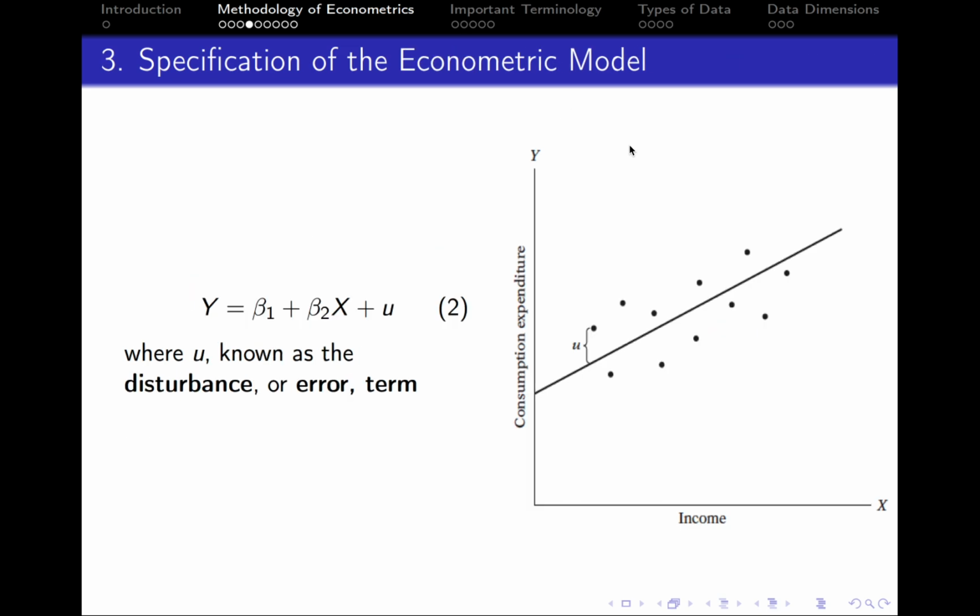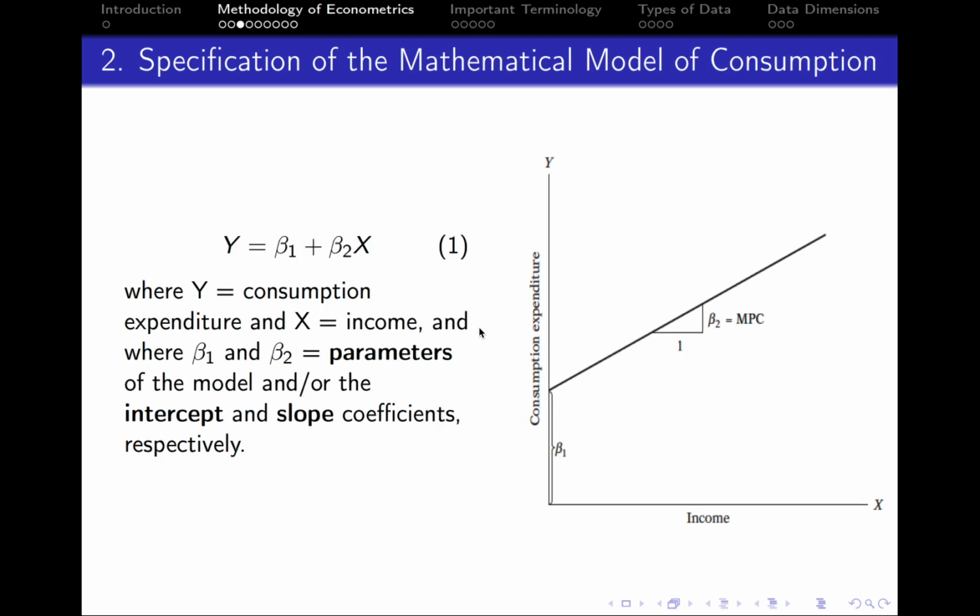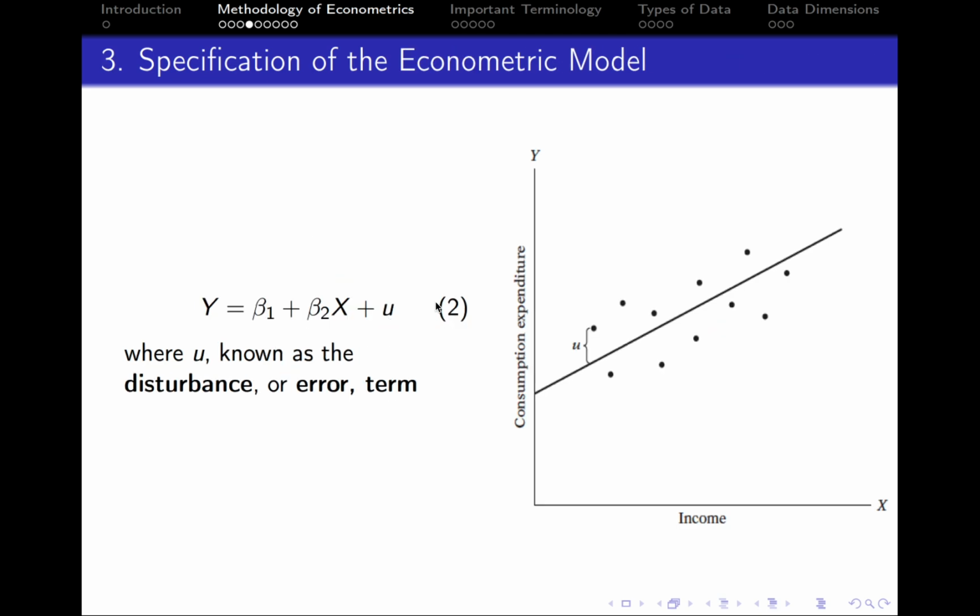So after we have specified the mathematical model, now we need to specify the econometric model. And if you compare this equation to the equation from the previous slide, you will see that it is very, very much similar, with the exception of the presence of the u term, which is known as the disturbance or error term. Again, this is something that we discussed with you during the class of statistics.